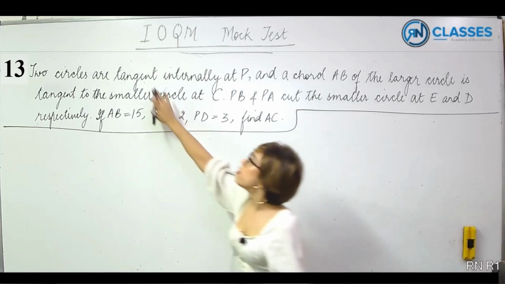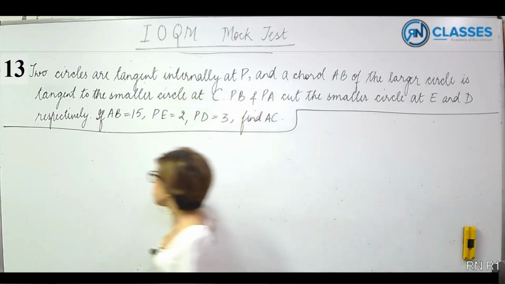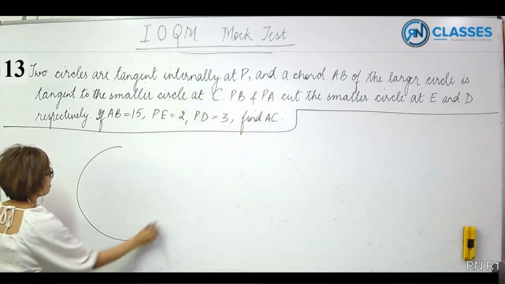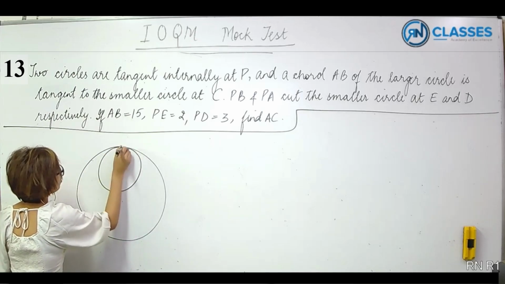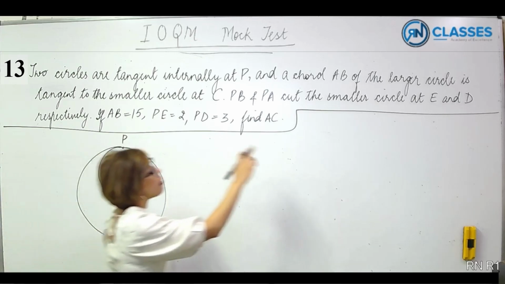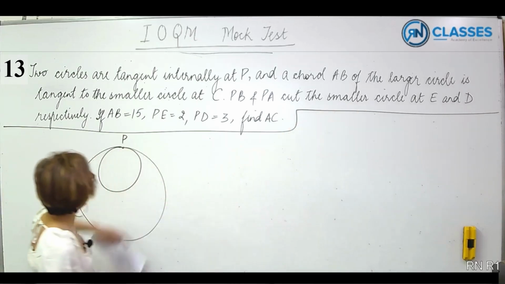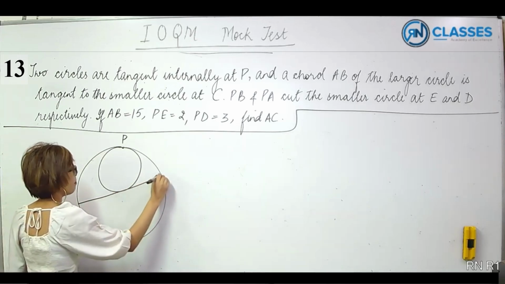Now he says two circles are tangent internally at P. The two circles, big circle and small circle. They are tangent at P. Alright, and the chord AB of the larger circle, so suppose my chord is something like this.